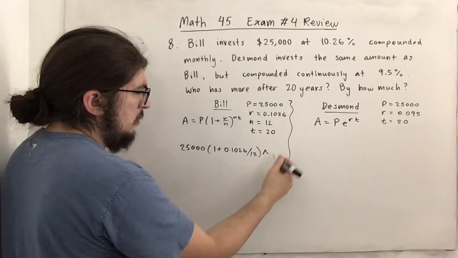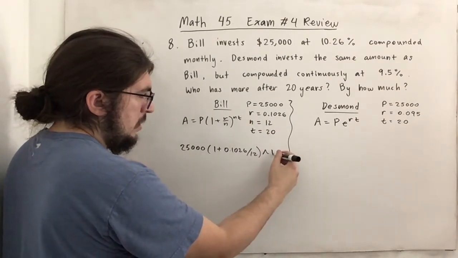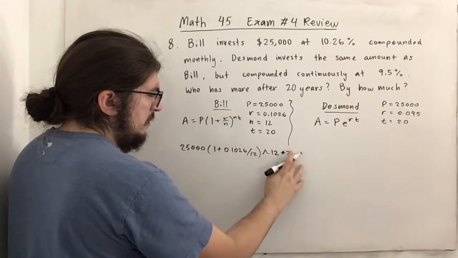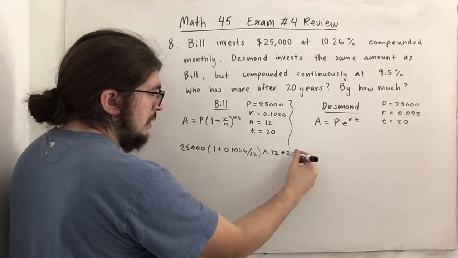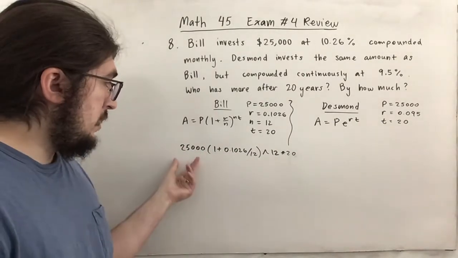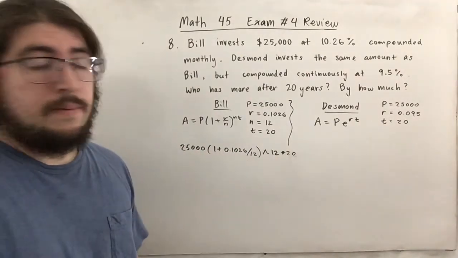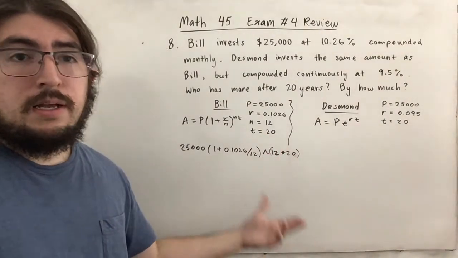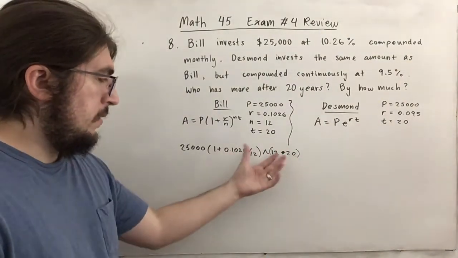And then when you type in 12 times 20, you should have that 12 times 20 in its own set of parentheses. Because as is, it takes this thing to the 12th, then multiplies it by this, and then also multiplies it by 20. But like this, it multiplies 12 by 20 in the exponent. So that, I think, is an important piece to mention.